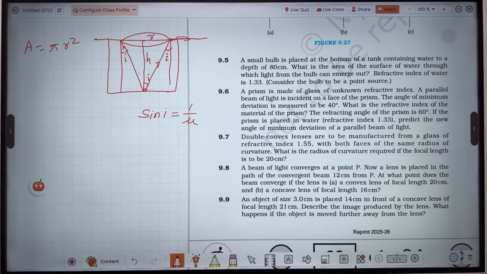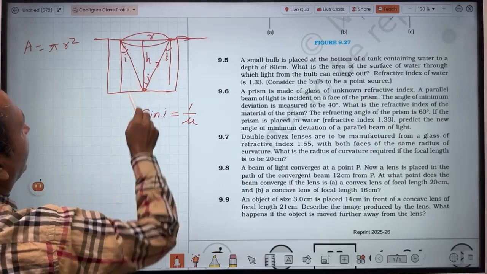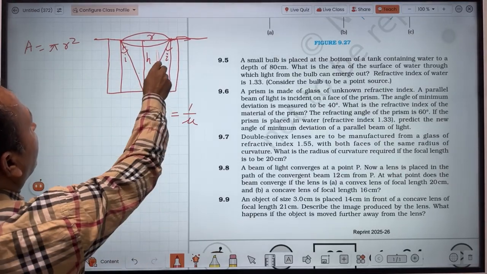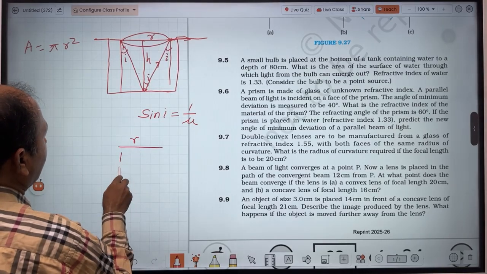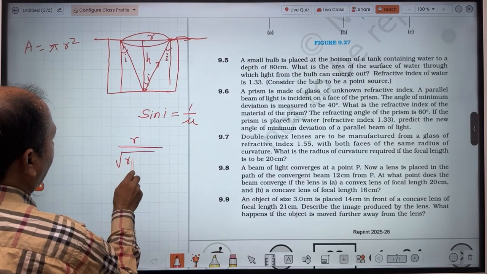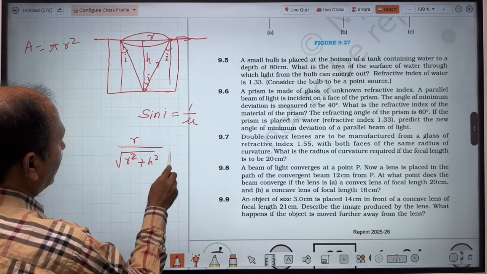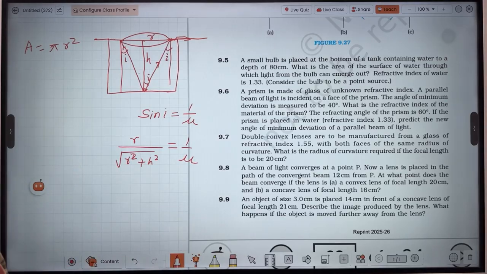So in order to get sin I, what do we need? We need perpendicular upon hypotenuse. So we can write perpendicular is r, divided by hypotenuse, which is root of r square plus h square, equal to 1 upon mu.